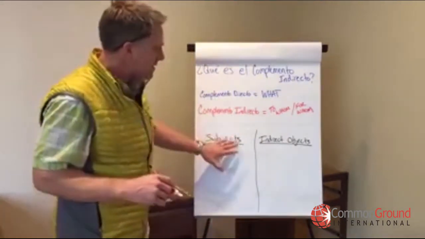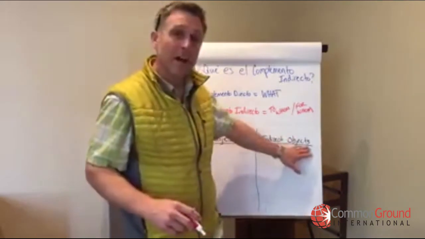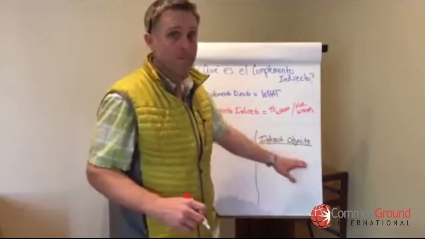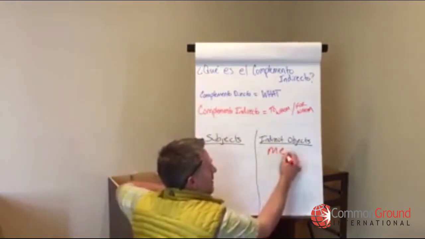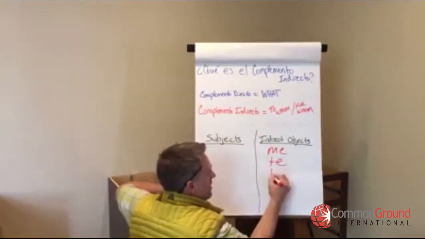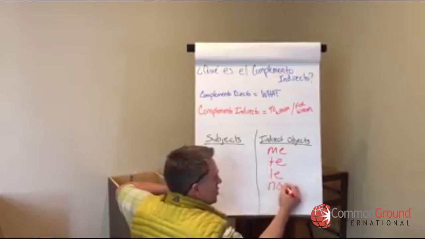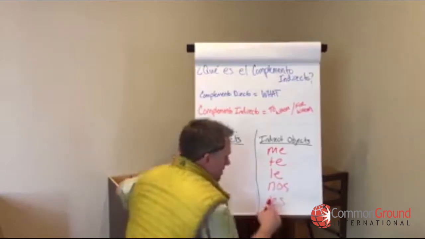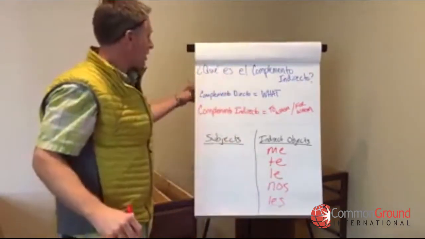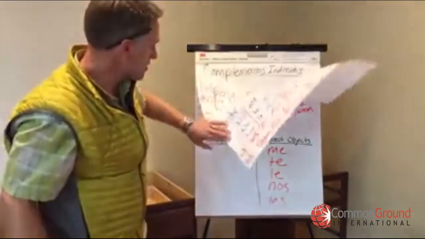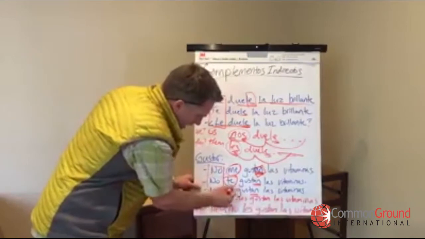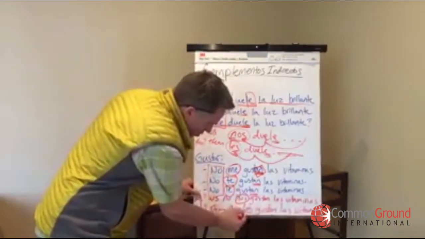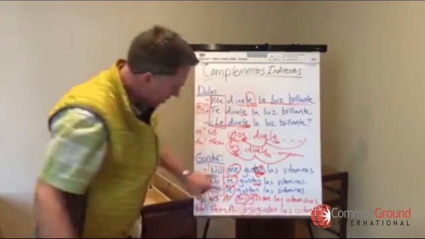But for now, let's just make sure we know what the indirect object pronouns are. So we saw them previously that they are me, te, le, nos, and les. These are all directly from our previous examples right here. Me gustan, te gustan, le gustan, nos gustan, and then les gustan, right?